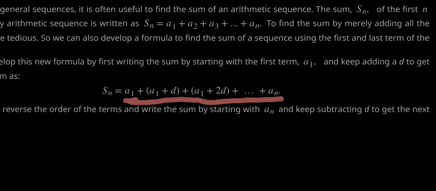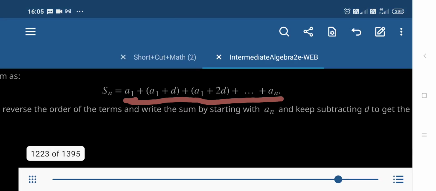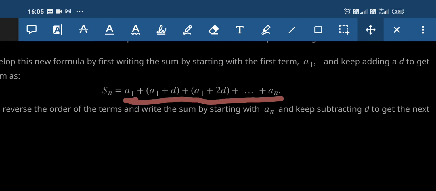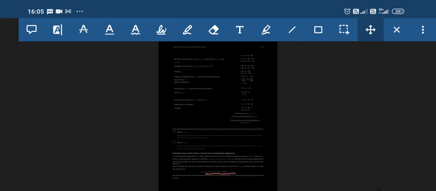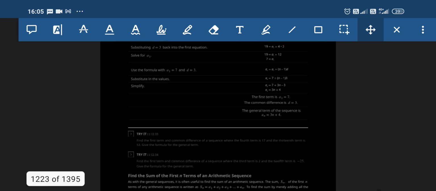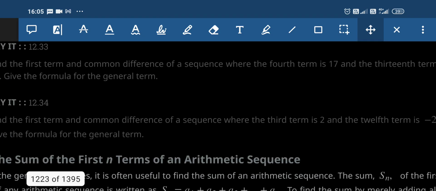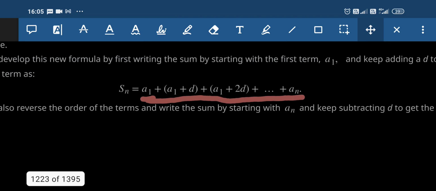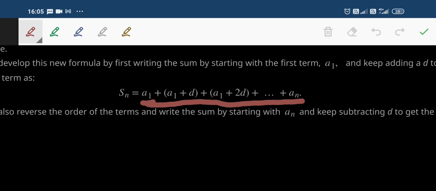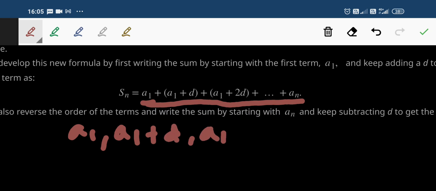Hello friends, in this video we're going to learn how to find the sum of first n terms of an arithmetic progression. We all know that an arithmetic progression looks like a1, a1 plus d, a1 plus 2d, and so on.